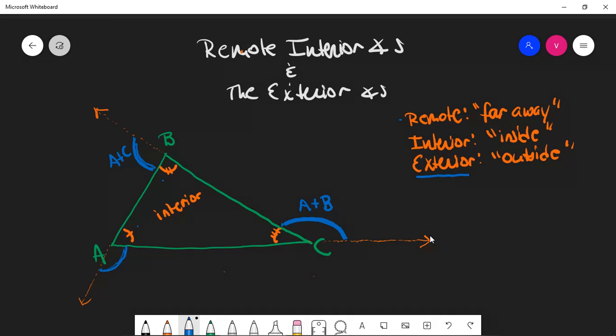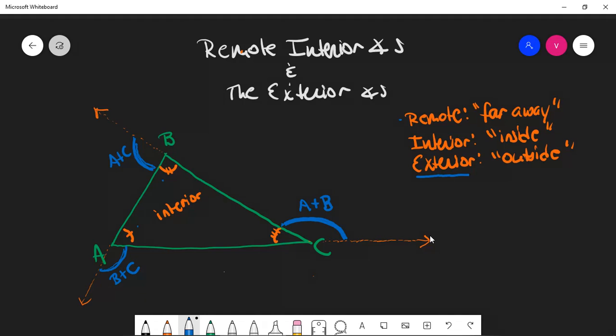So it is the addition of the 2 angles on the inside of the triangle that are farthest away from it. It's touching A, right? So it's the other 2, B and C. That's all there is to this.